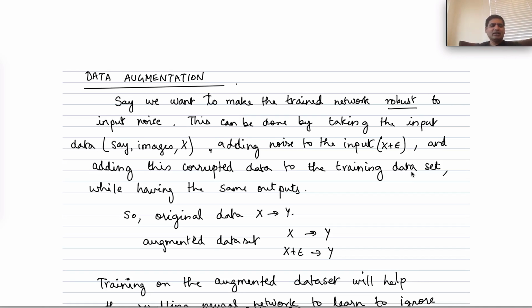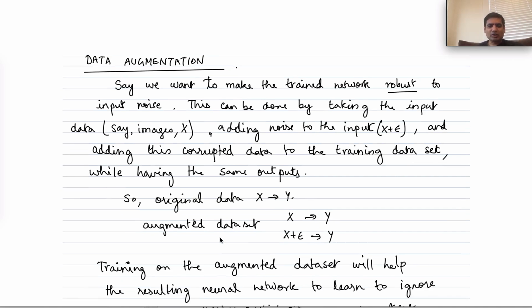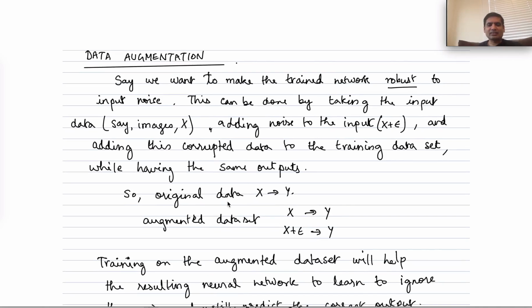This allows us to potentially reject noise. If the original data is x as inputs and y as outputs, the augmented data set is going to be x as inputs with y as outputs, and x plus epsilon, or x plus error, or x plus noise as input and y as output.